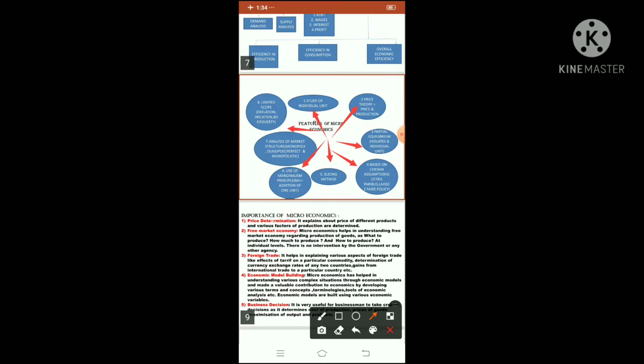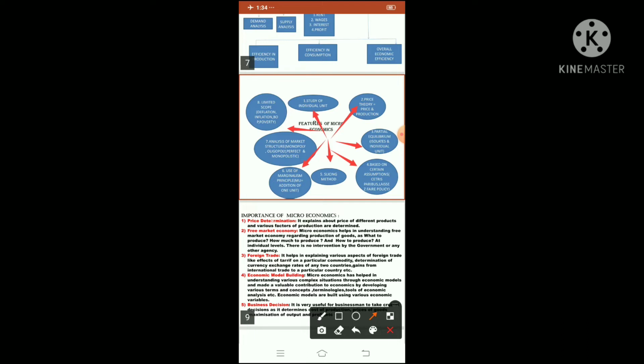Oligopoly means a few sellers in the market. Perfect and monopolistic competition are related to the number of buyers or sellers. All this will be considered in features of microeconomics.